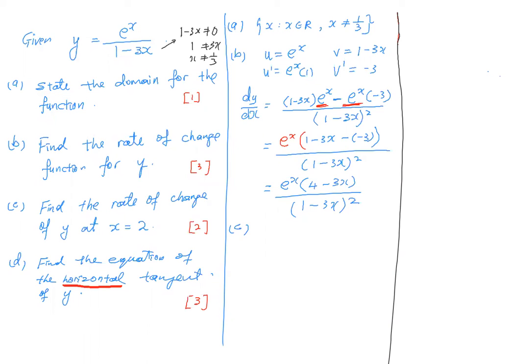Okay, sub in x equal to 2. Tell me how to sub. Dy dx equals e power 2, 4 minus 3 times 2 over 1 minus 3 times 2 squared. Okay, continue.